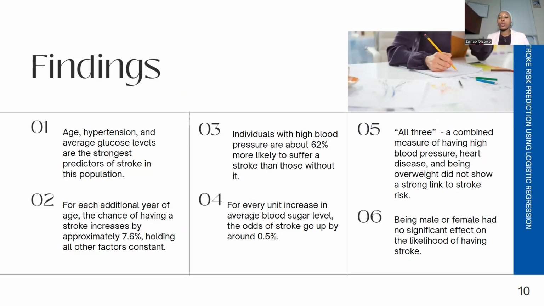I made a combination measure of high blood pressure, heart disease, and being overweight, which I named all three. Surprisingly, these all three variables together did not show a strong link to stroke risk.